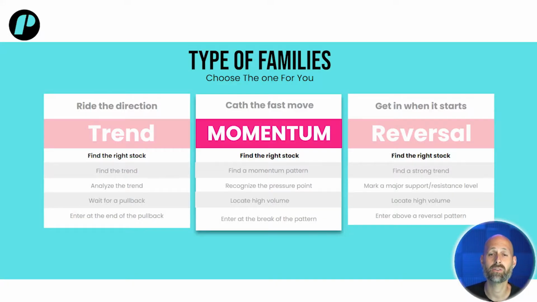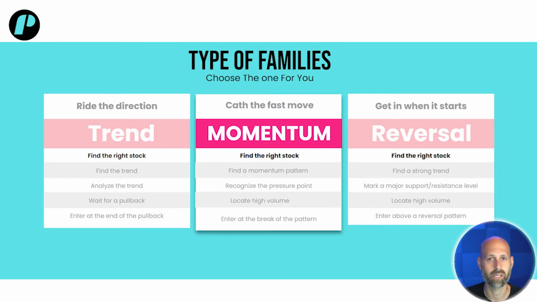So in the market, you have 3 families. The first one is ride the direction, or the trend following strategy. The second one is catch the fast move, or a momentum strategy. And the third one, the one that I prefer the most to trade, is taking a mean reversal, basically.